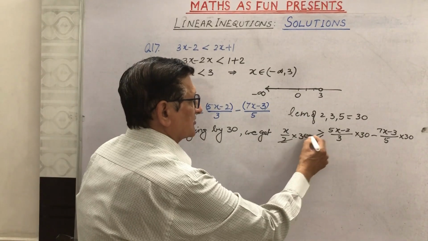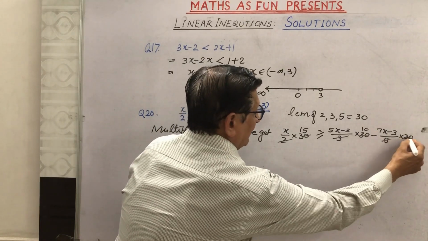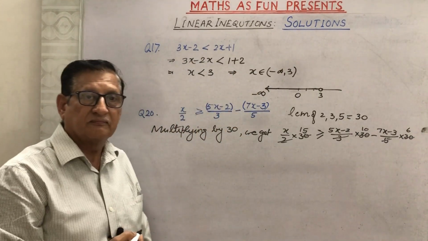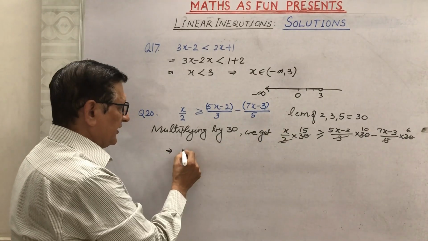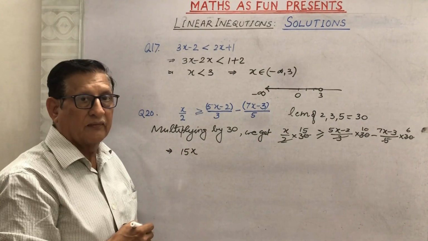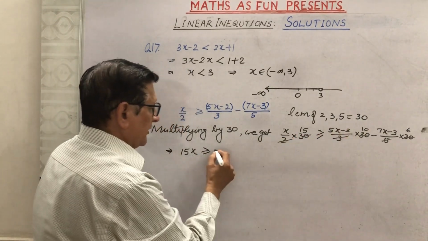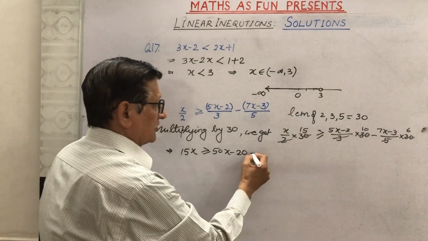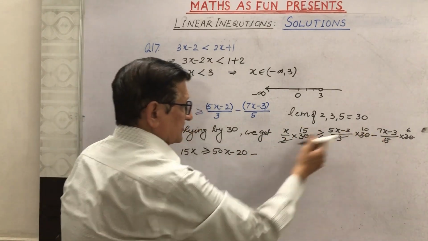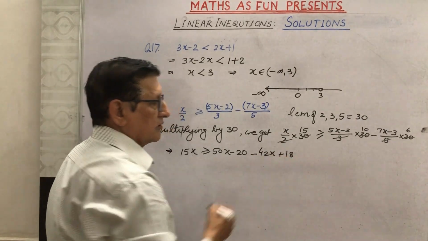Cancellation: 2 cancels it 15 times, 3 cancels it 10 times, and 5 cancels it 6 times. Simplifying, we get here 15x greater than or equal to, multiplying by 10, it is 50x minus 20, minus, multiplying by 6, it is 42x plus 18.